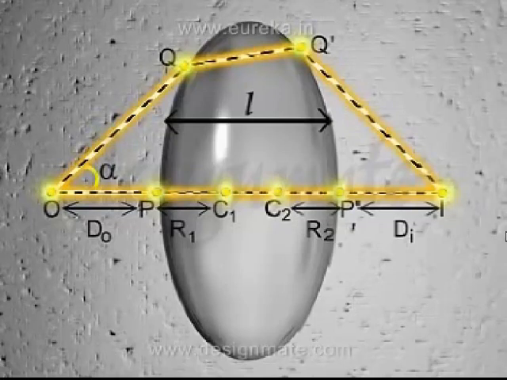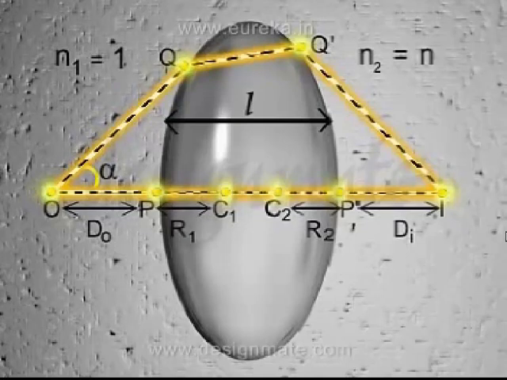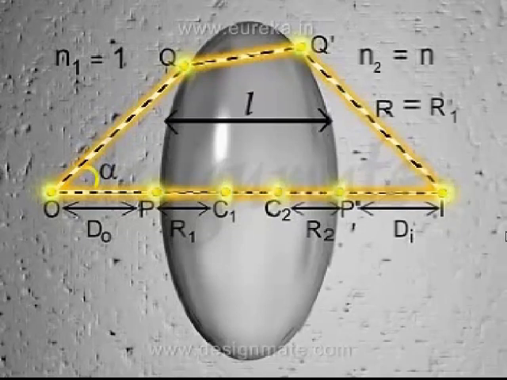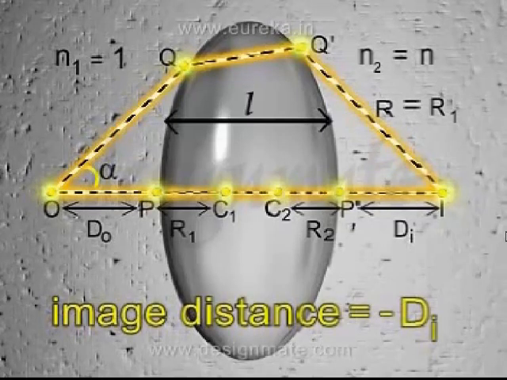The object is situated in the air, therefore n1 is equal to 1. If the refractive index of the material of lens is denoted by n, then n2 is equal to n and R is equal to R1 for the first surface. The image is on the virtual side, hence the image distance is equal to minus DI.